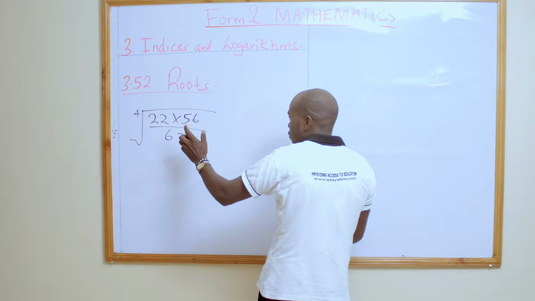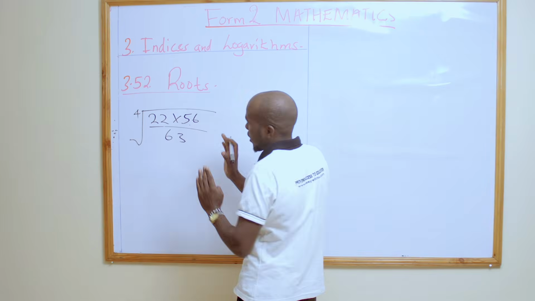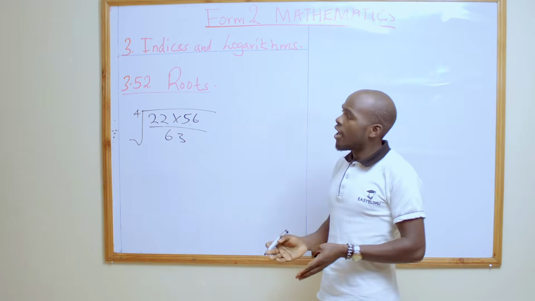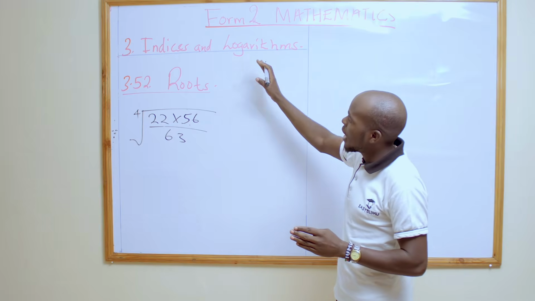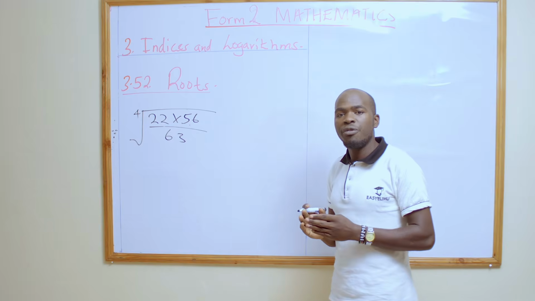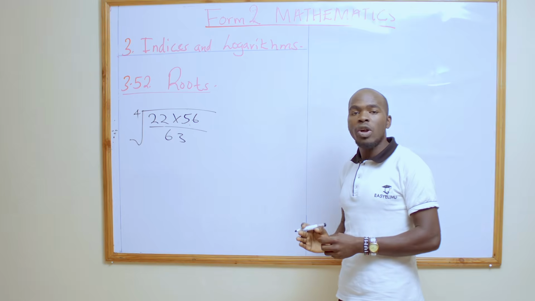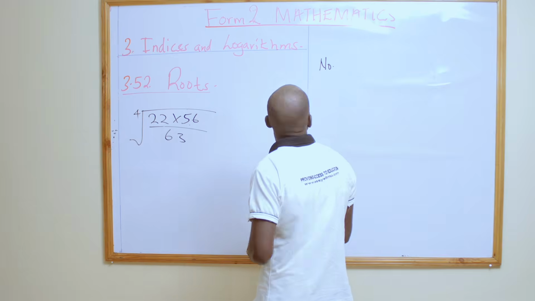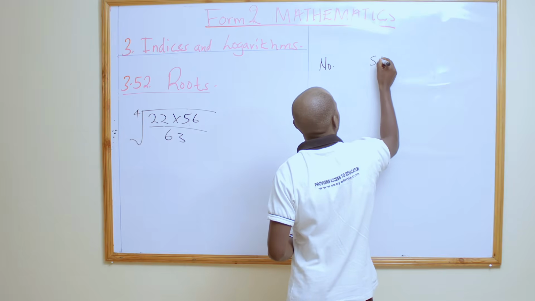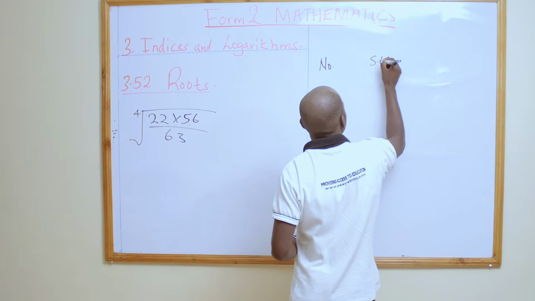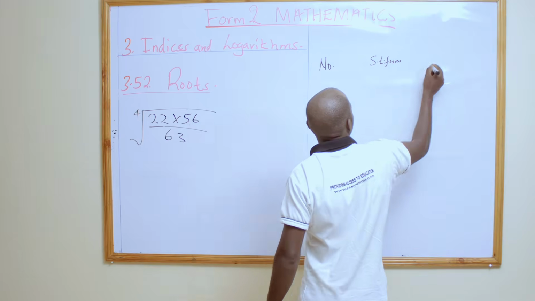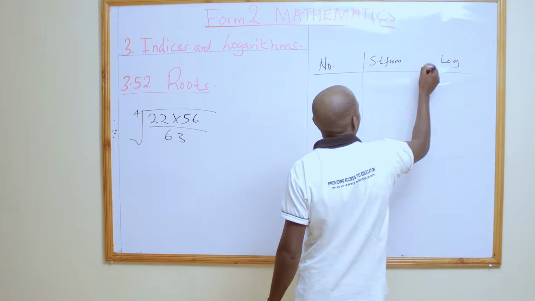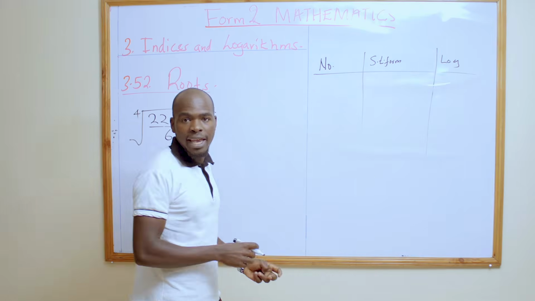For example, if you have been given this kind of mathematical problem that involves indices and logarithms, what you are required to do is construct a table whereby you will have a number, the standard form of that number, and the logarithm of that number, such that you are going to have a table of that kind.